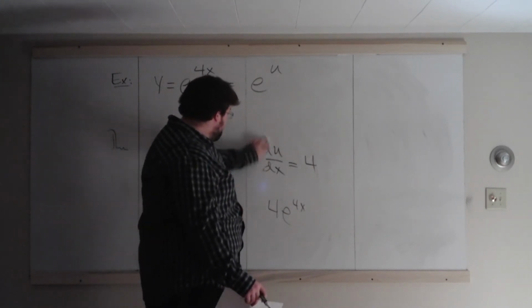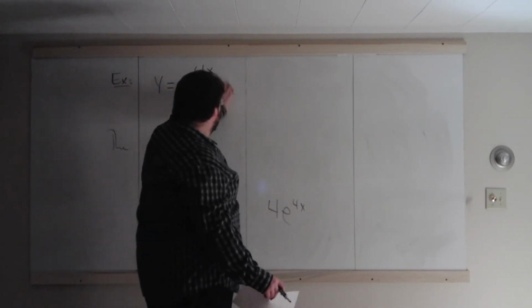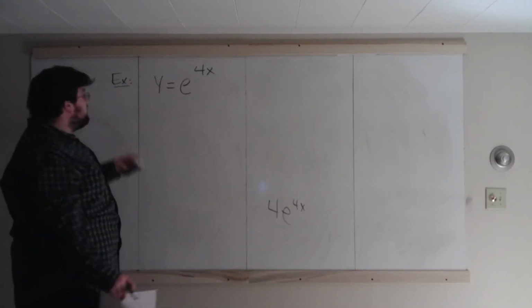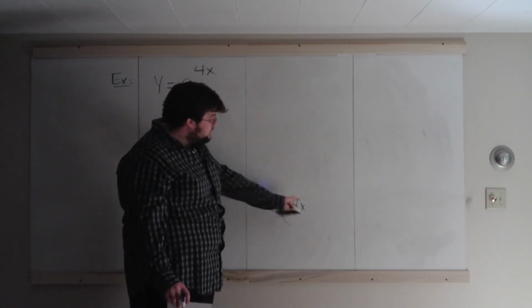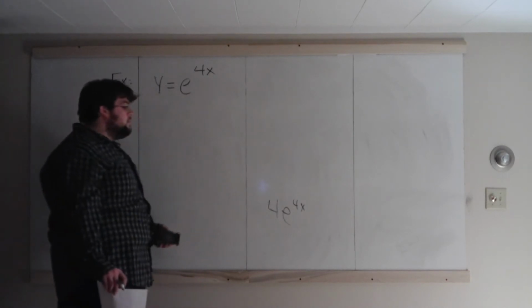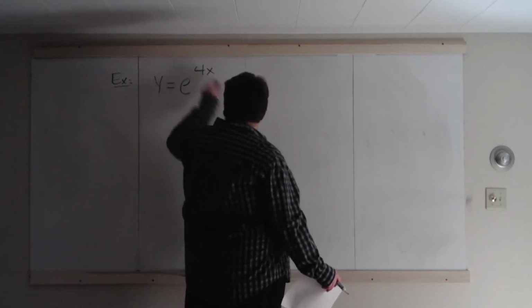Notice here, with this one, the derivative of e to the 4x was itself times the derivative of the exponent. And that is true from the details of that u substitution.